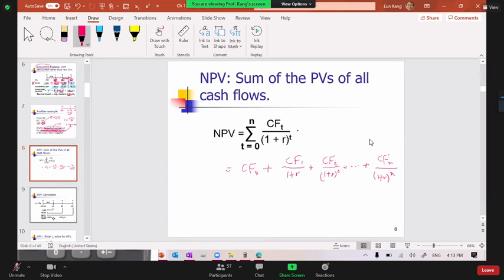NPV equals 0 means the project's return is equal to the rate of return of the investor. The project gives you this WACC, R, because you discount future cash flows at R, so it's not just break even.